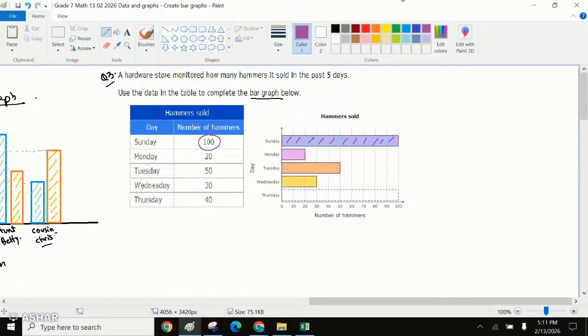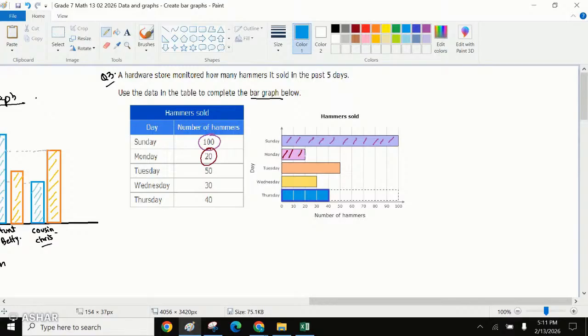Monday, there were 20. And so on. 50, 30. And Thursday was 40. So for a Thursday, we can show a bar over here that represents a 40. Agreed? Simple. This is how we complete it.